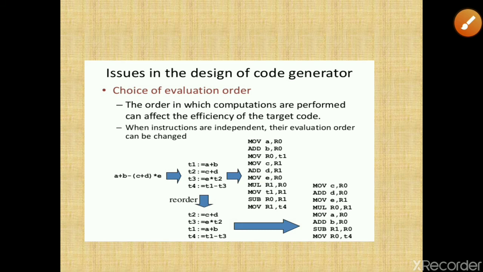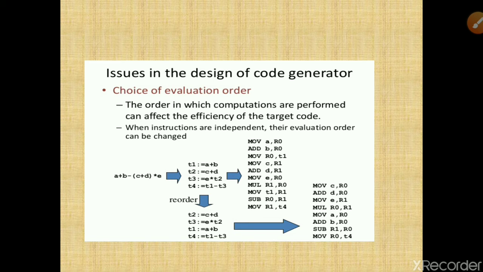Now, another issue is the choice of evaluation order. The order in which computations are performed can affect the efficiency of the target code. Here you can see a plus b minus c plus d star e.